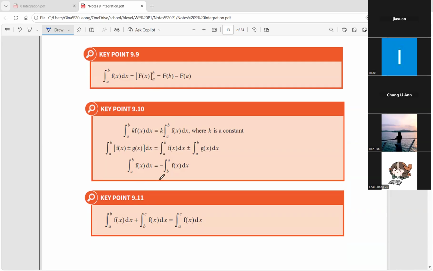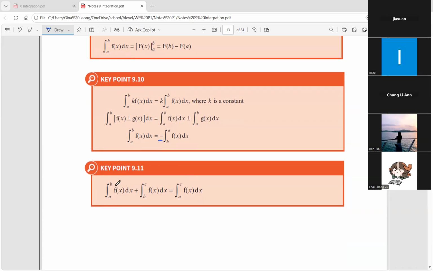If sometimes I don't want b a, I want a b, because just now I said usually b is the big number, a is the small number. But let's say I want a on top. So what I have to do is I put a negative over here. Then if let's say I want to have directly c to a, I'm missing the b.